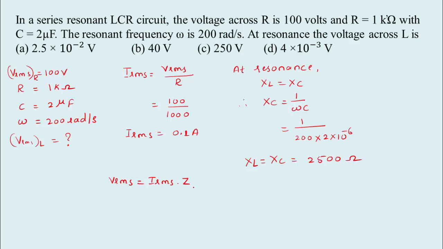But here we want voltage across inductor, so we can write it as IRMS into XL. So IRMS value is 0.1 and XL is equal to XC, that is 2500. So voltage across inductor is 250 volt. Right? So 250 volt, that is option C is right.